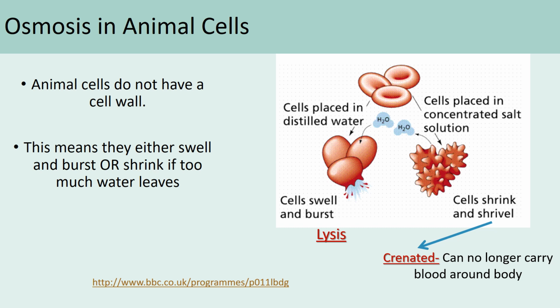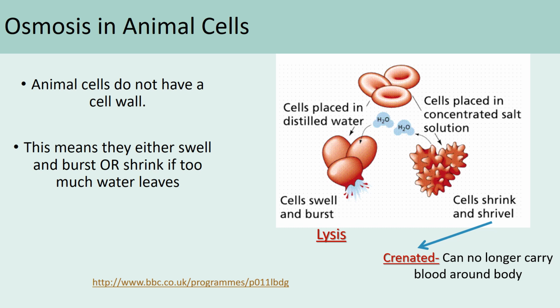If we follow it through on the right-hand side, these are red blood cells that have been put into a concentrated salt solution. So there is a high solute concentration, very low water. So water leaves the red blood cells and goes into that salt solution, and it causes those cells to shrink and shrivel.